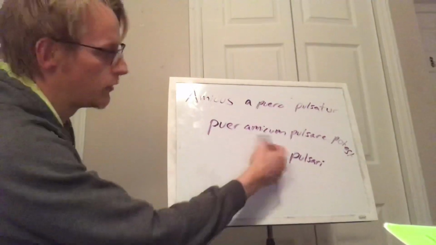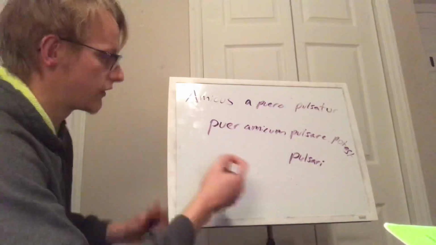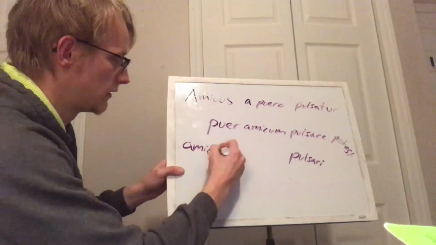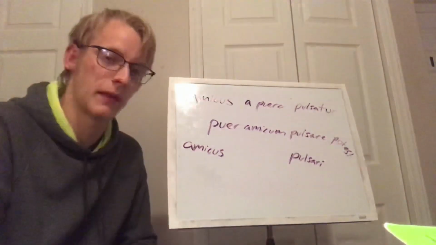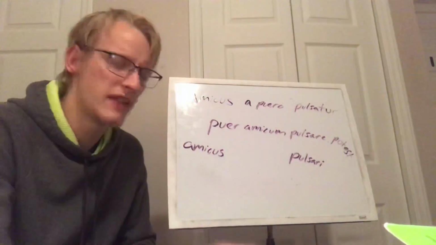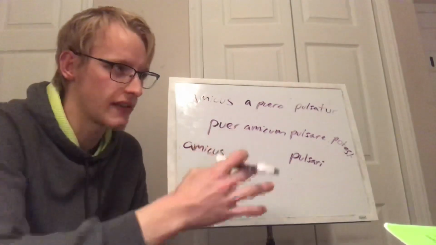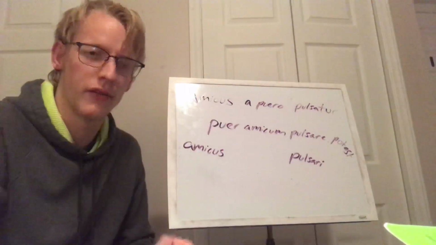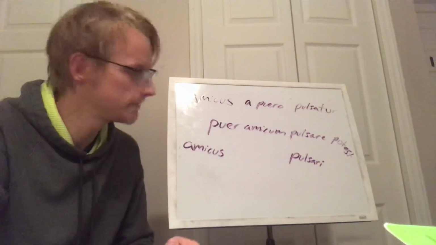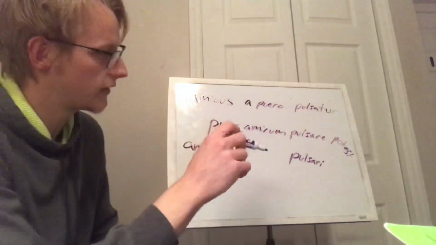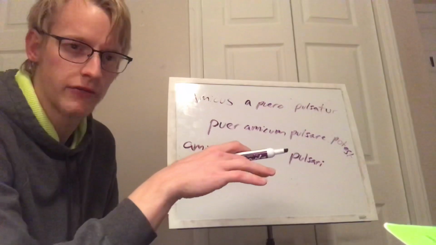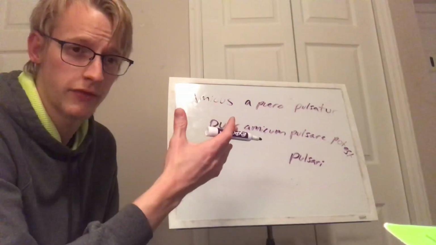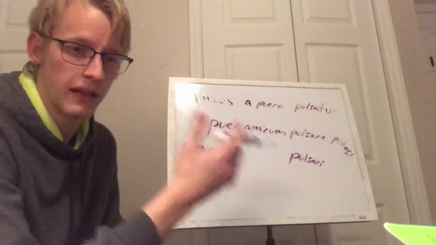All right, and who's getting punched in this sentence? The friend. So amicus is now the subject. Right? So something that we're learning right now is when you take a sentence and you turn that sentence passive, the direct object becomes the subject. When you take a sentence with an active verb and you want to change it so that it's passive, the direct object becomes the subject.